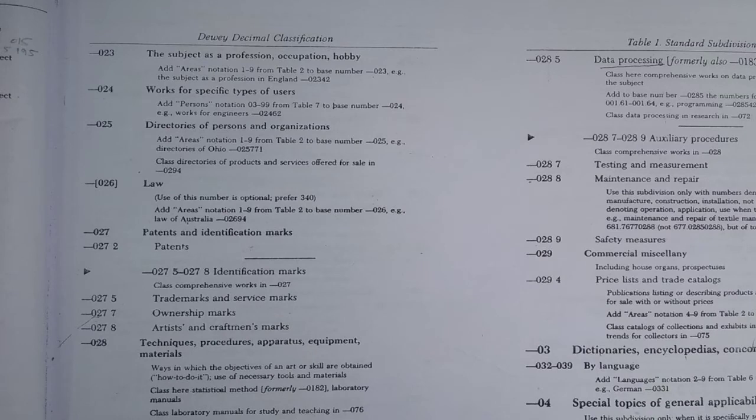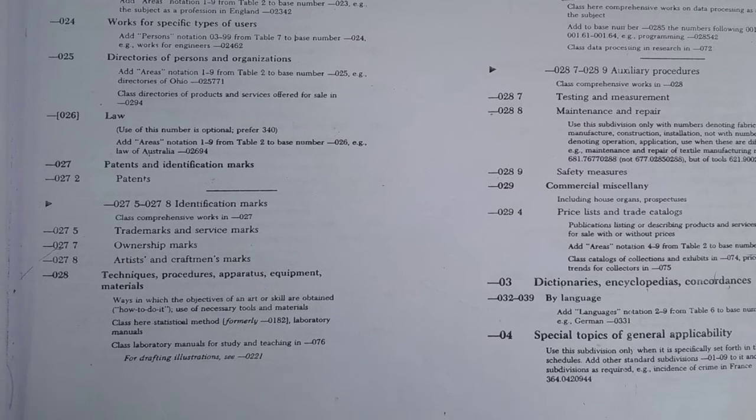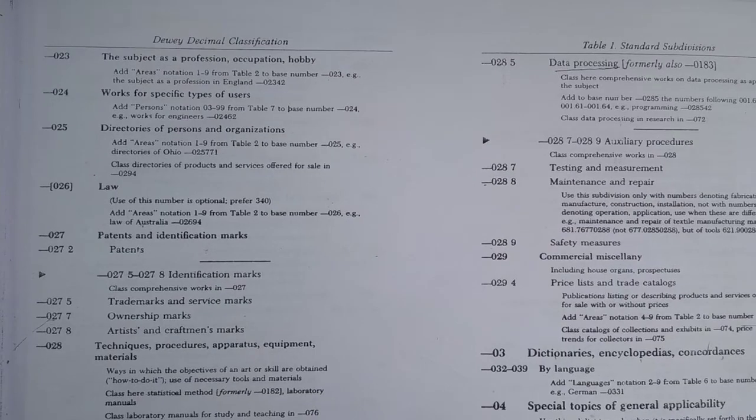I will say one thing, that the notation of standard subdivision starts from -01 and ends with -09. Okay, I have taken a screenshot of just a single page of Table 1.